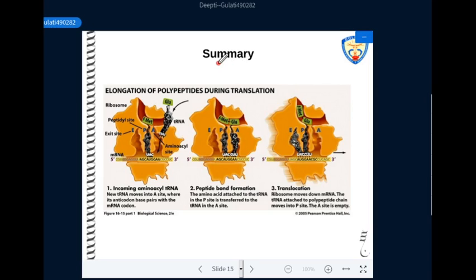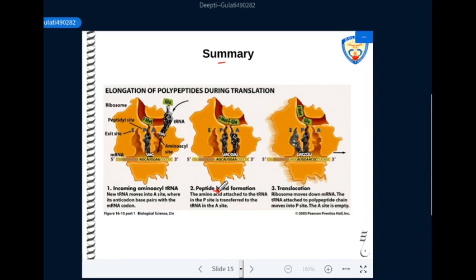So how to summarize the process of elongation? The first thing we had was the 70S initiation complex, which had an occupied P site. The A site was empty. In the A site, aminoacyl transfer RNA is brought with the help of elongation factors, and energy is required, followed by the formation of a peptide bond.